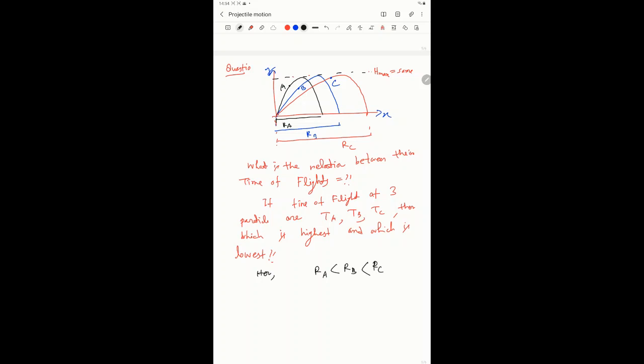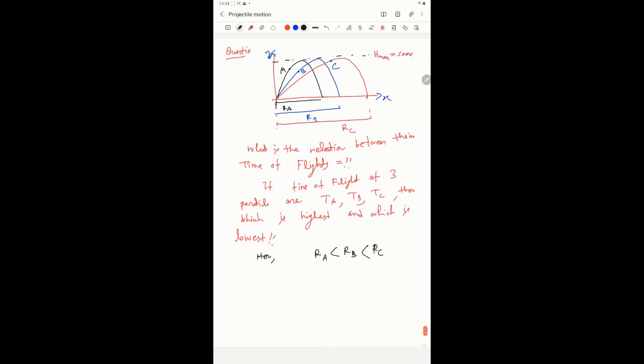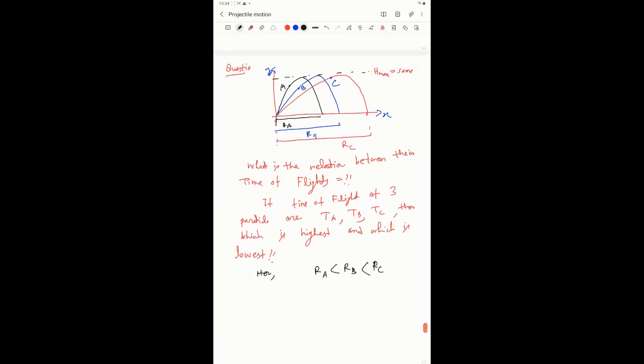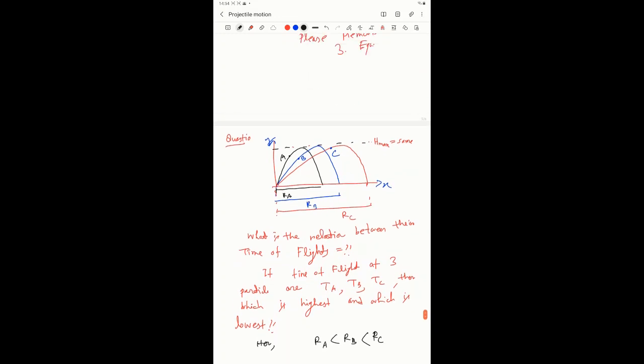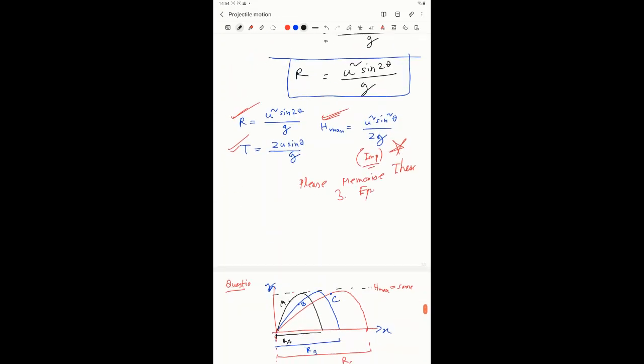Then how will their times of flight be related, like which time of flight will be highest and which will be lowest? Now this is a very easy question. You just have to keep in mind two formulas that I have proved here.